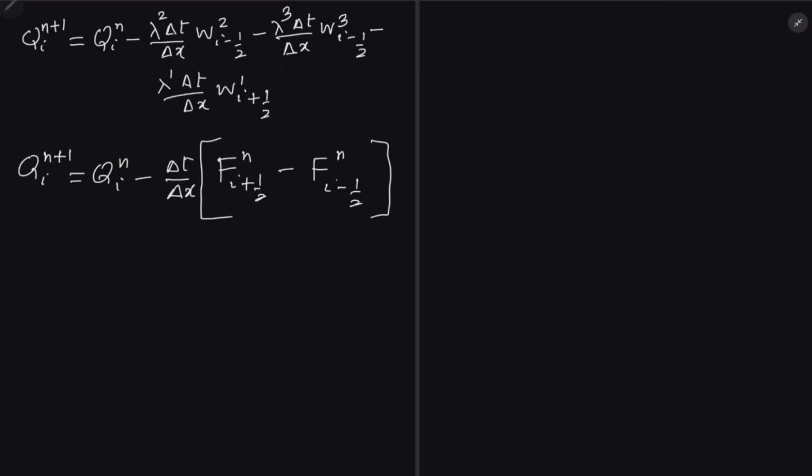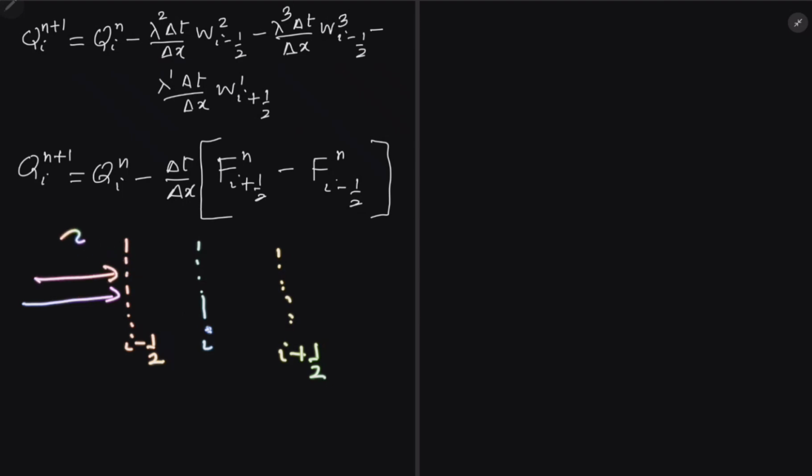So it means that if we have 10 waves, for example, then you need to look at which wave is coming from i minus 1/2 and which wave is entering from i plus 1/2 at this i. What is the contribution? Which wave has a contribution from which face? If two waves are coming from left to right, then you must add those waves, in this case lambda 2 and lambda 3.